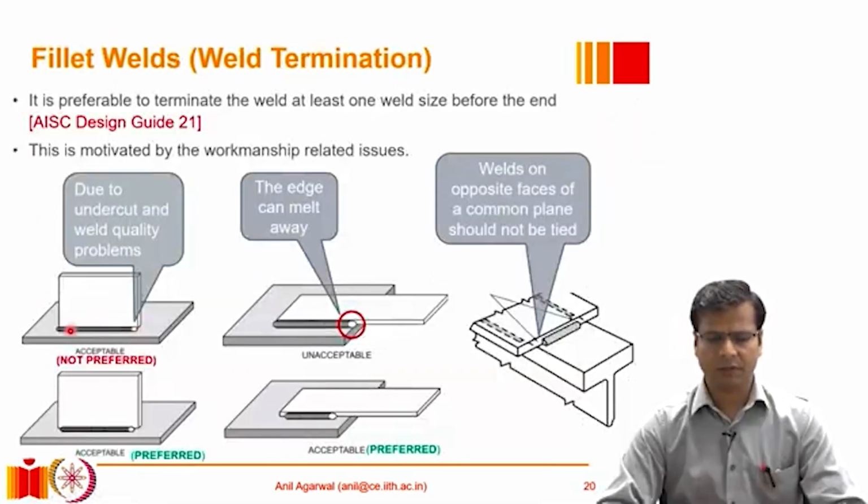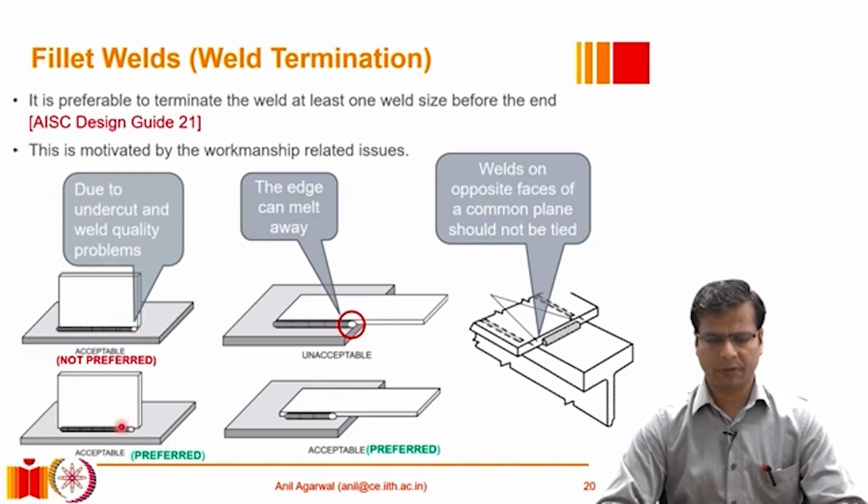As a designer, we should be mindful of the fact that terminating a weld can be a critical factor in the overall performance of a structure. So generally, it is not preferable to terminate a weld, that is, the end of a weld, at a position where there is already a perpendicular edge.